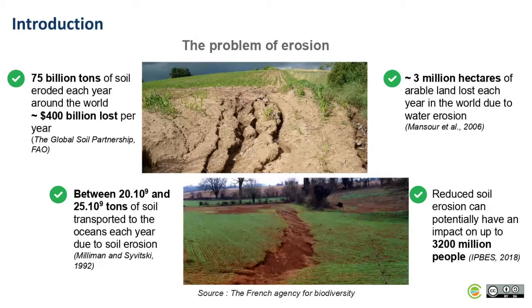Also, 3 million hectares of arable land are lost each year in the world due to this phenomenon. And reduced soil erosion can potentially have an impact on up to 3,200 million people around the world.